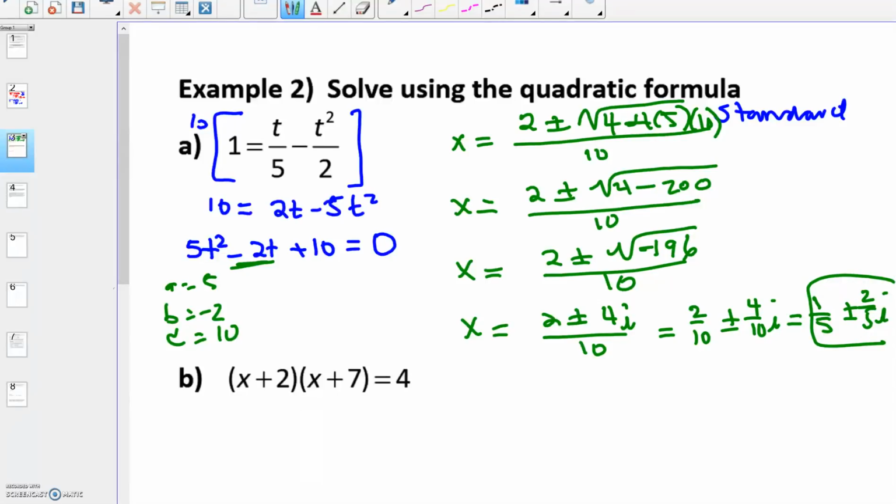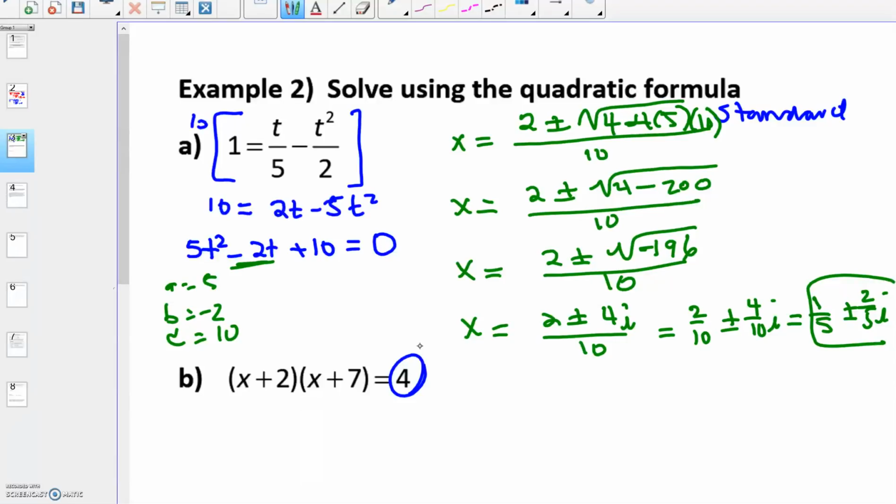All right, so then on my next example, B, again, it appears factored. It's so tempting to want to do x plus 2 is 4 and x plus 7 is 4, but that is not right. Because remember, when we use this, our right side needs to be a 0, and it's not.